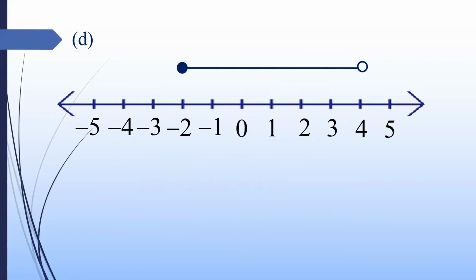Can you try to write this inequality in set builder notation? Yes, here is the answer. I'm sure you must have written it correctly. X such that X lies between -2 and 4, but including -2.